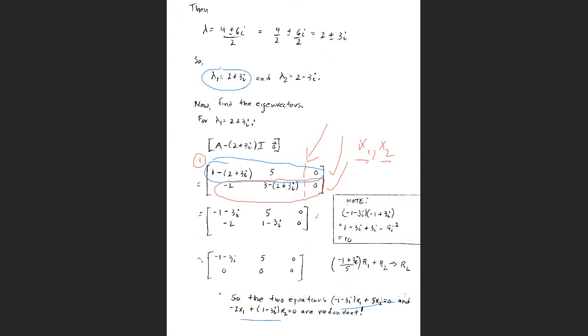So what I'm going to do is, I did row operations down here to show you what would happen. But given we know that these two equations, 1 and 2, are going to be redundant, we only really need to use one equation. And I don't even need to do any row operations then, right? I can just use one of the equations. So which equation do you like better?